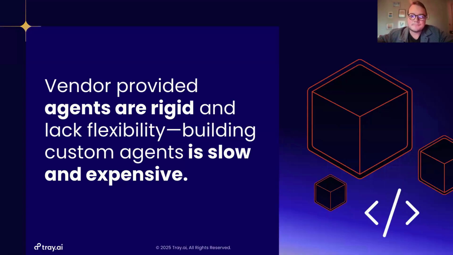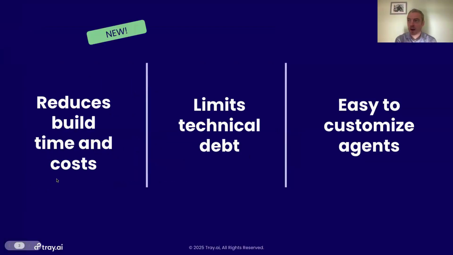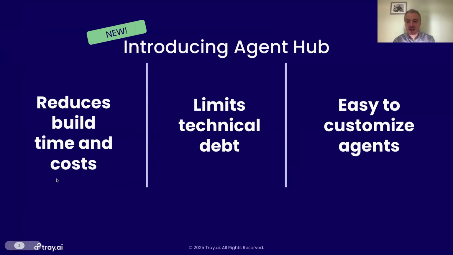Yeah, that's a great point, and composability is what all of this is about. We're very excited to be introducing Tray Agent Hub to combat a lot of the challenges we just spoke about. First of all, what is Tray Agent Hub? It's a first-of-its-kind composable asset catalog. It's about providing reusable building blocks for organizations to build agents much faster, easier, and easier to maintain.